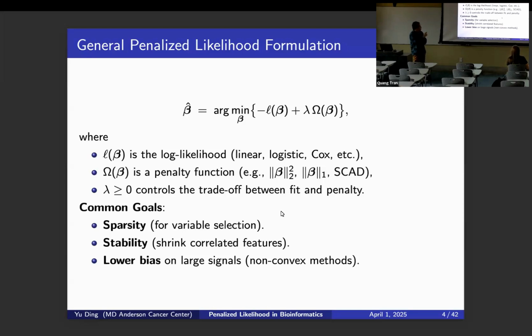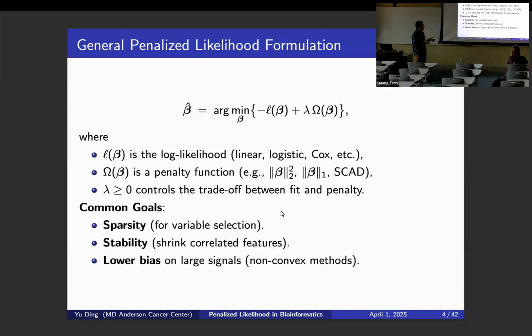What we like to focus on in this lecture is the second term, which is lambda omega beta. Here, omega beta is a totally different function compared with the log likelihood function L. Omega beta is a penalty function. It can take different forms given different methods.